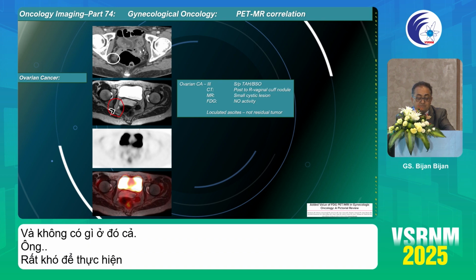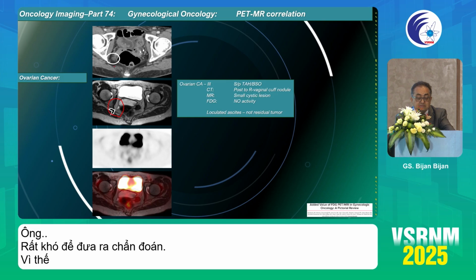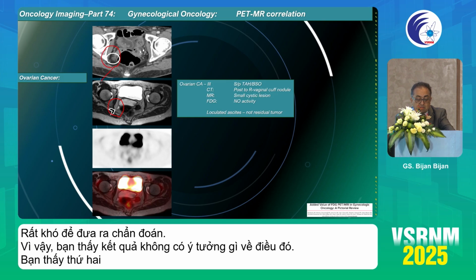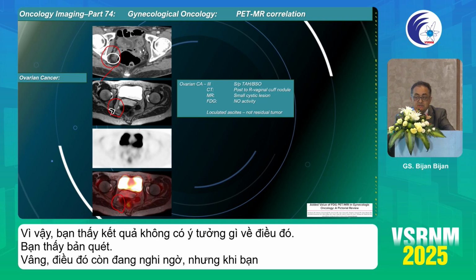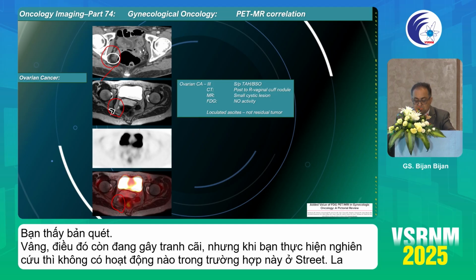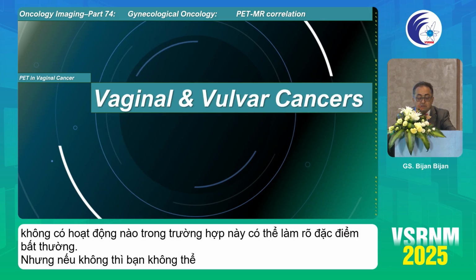So you see the finding, no idea what that is. You see the CT scan, well, it's questionable. But when you do the FDG study, there's no activity. In this case, PET can characterize the abnormality that otherwise we cannot diagnose on the CT or MR.